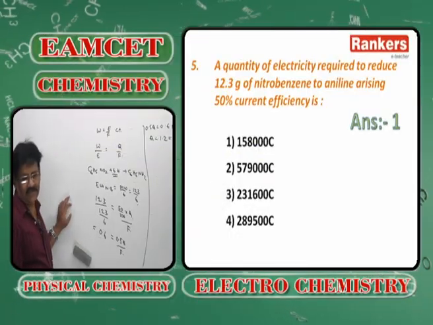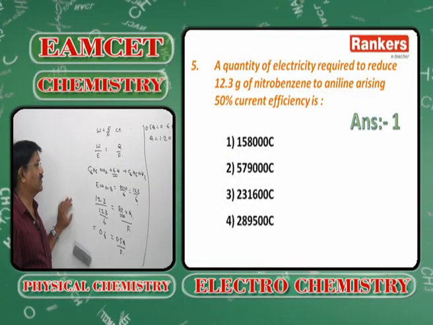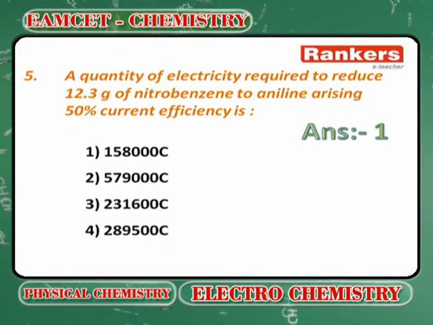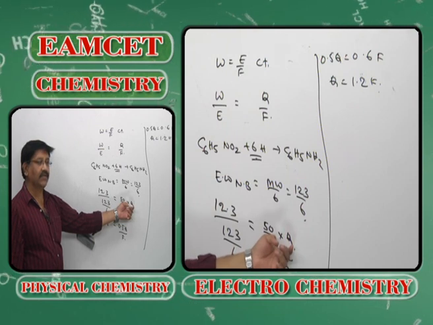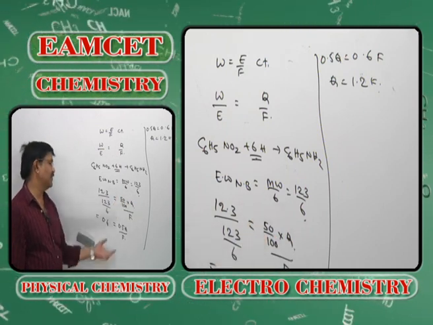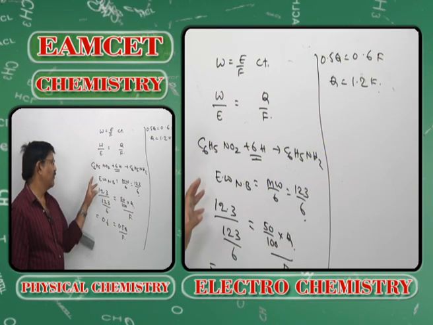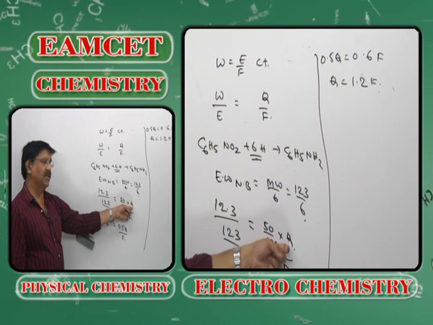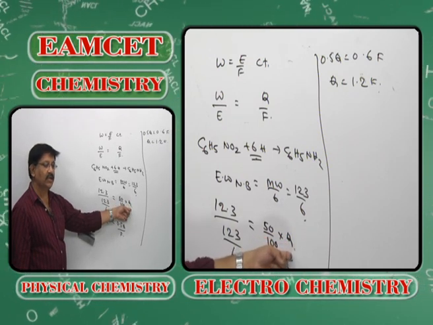1.2 Faradays. Option 1 is the answer, because what is the point we have to take here? Current is not working at full efficiency, it is working at 50% efficiency. So when you apply this principle, you must take the efficiency of the current into consideration.